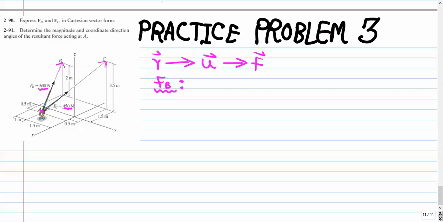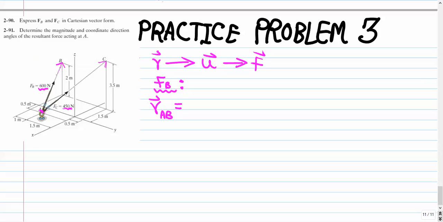So first of all, we will find the length vector from the point A to the point B. To find this length vector, we need to look at the component of length in the x, y, and z directions.